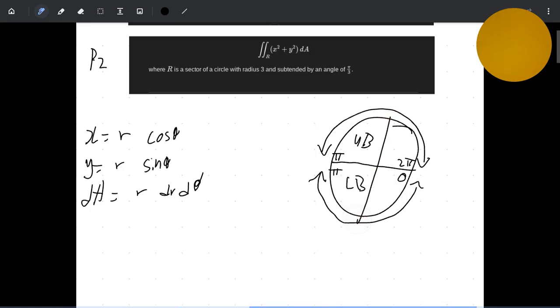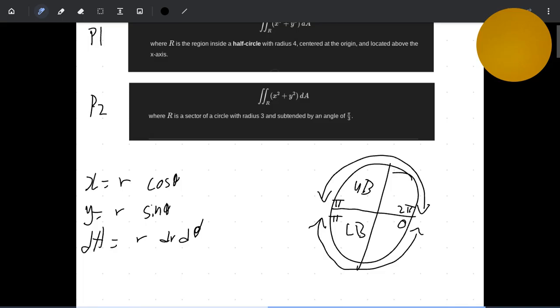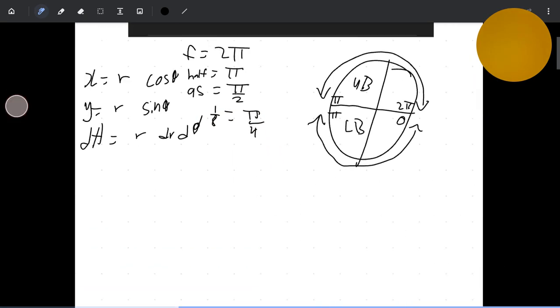A full circle is 2 pi. Half a circle is just pi. A quarter circle, QS, is pi over 2. And 1/8 of a circle is pi over 4. Sorry if this is a little bit messy, but you get the point.